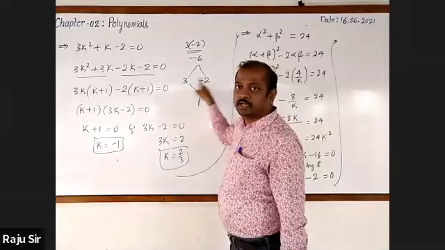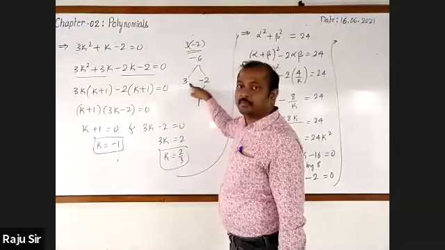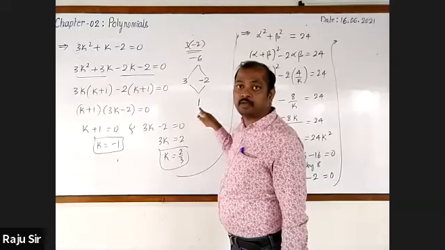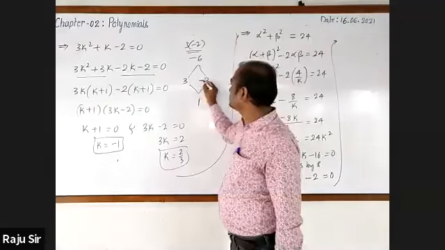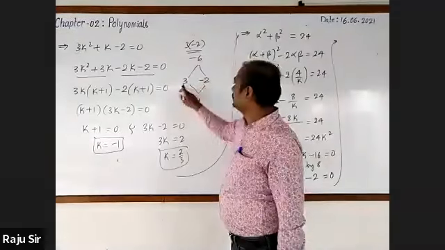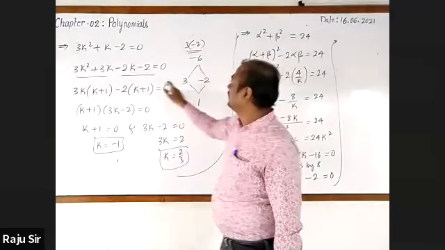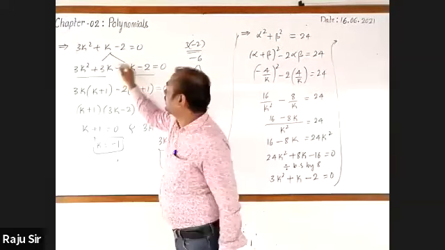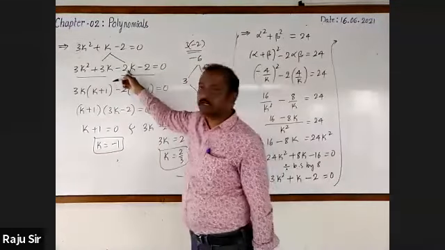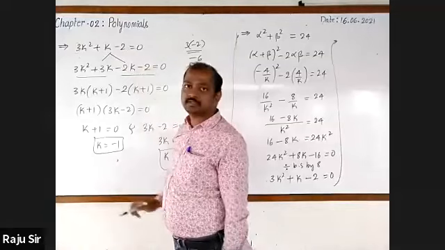Here, 3 twos are 6, whereas 3 plus 2 is 5. But we want 1. Hence I have taken this as minus 2. 3 minus 2 is 1. Then 3 into minus 2 is minus 6. In place of k, we have written 3k minus 2. Remaining minus 2 as it is.